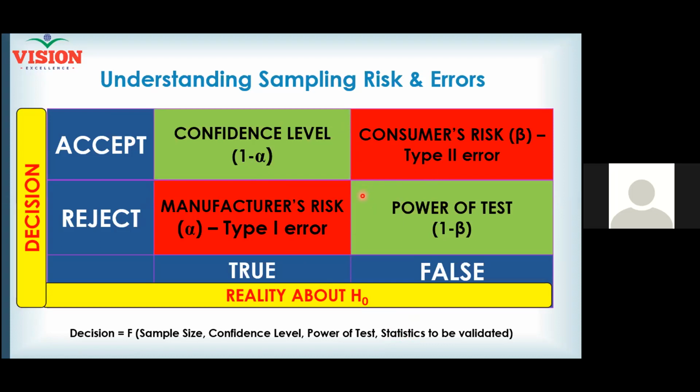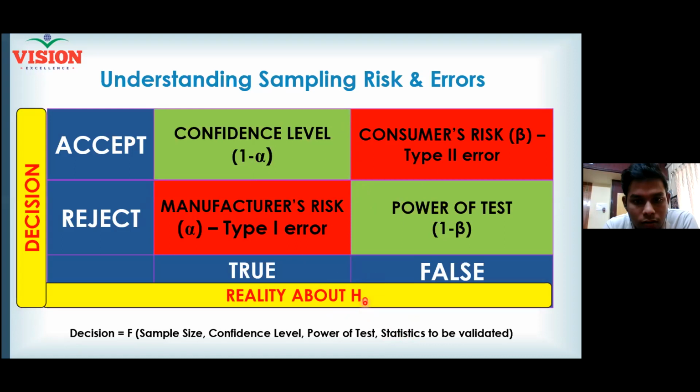Right. Now, connecting the learning with hypothesis testing. Rejecting a good product, accepting a bad product, all very easily understood. Now, coming to hypothesis testing again, slightly I'm going to confuse you. Now, imagine the reality about H naught. What is H naught? Null hypothesis. The null hypothesis is true.